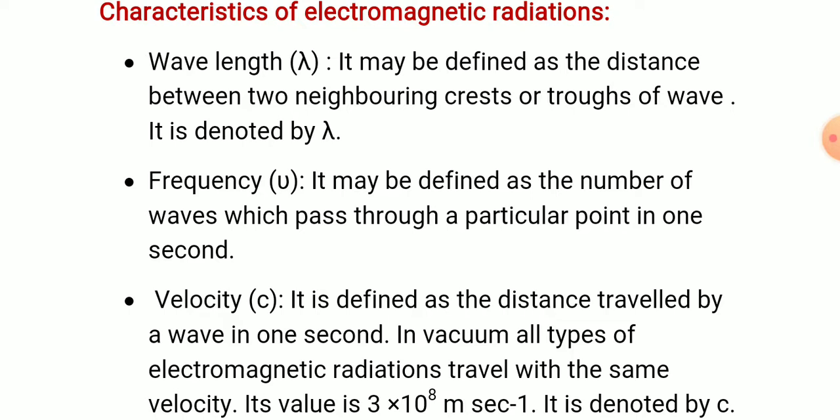But the values of wavelength and frequency are different for different types of electromagnetic radiation. You have to remember that the values of wavelength and frequency are different, but the velocity of electromagnetic radiations is the same in vacuum.